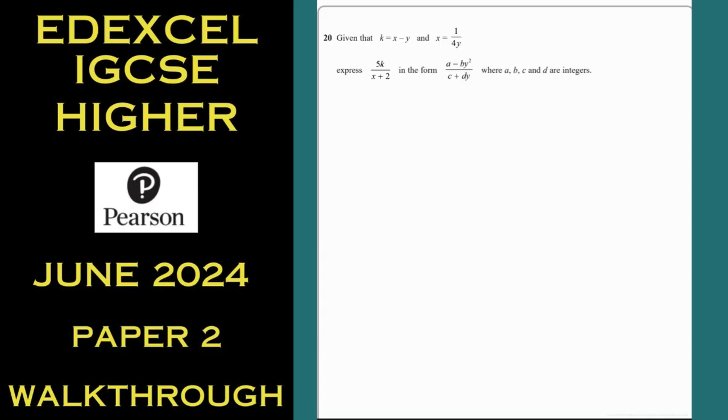I went straight to the 5k over x plus 2 that we're told to start with, but I replaced the k on the top with x minus y. And on the bottom, I replaced the x with 1 over 4y. Not forgetting there's still a plus 2.